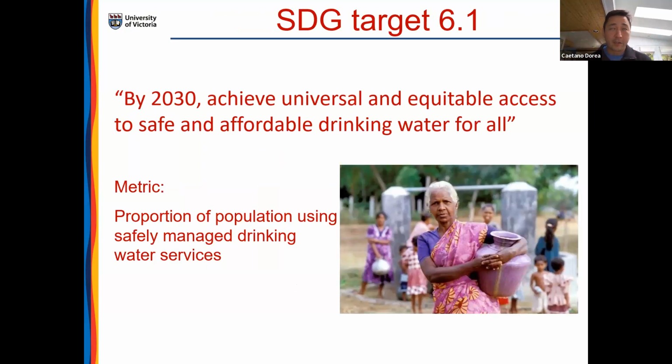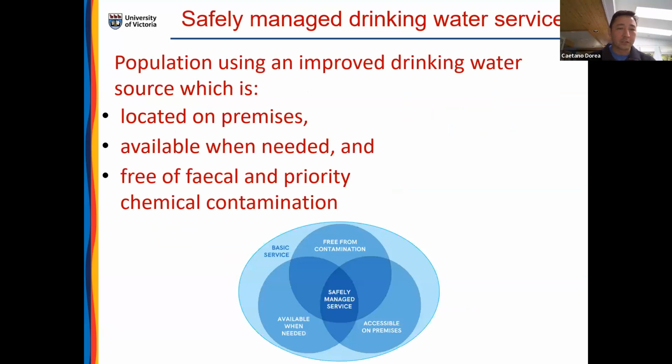So jumping way forward, because we're 3 years from the year 2030, we need to start thinking about the next thing. Our targets are universal and equitable access to safe and affordable drinking water. So the metric is the proportion of the population using safely managed drinking water sources.